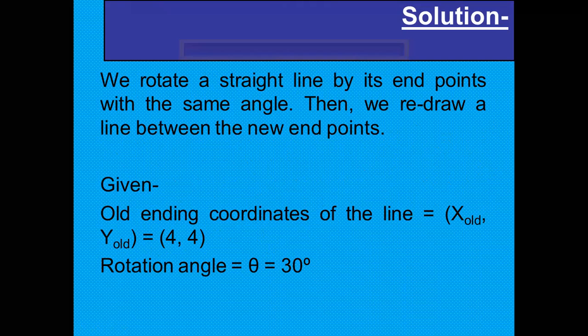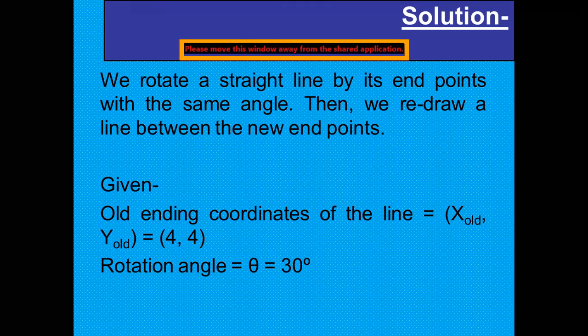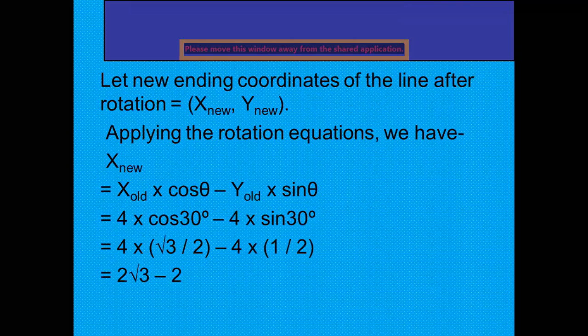First you will write the data provided in the problem in this manner. Or you can write directly x old, y old equal to 4, 4, rotation angle theta equal to 30.